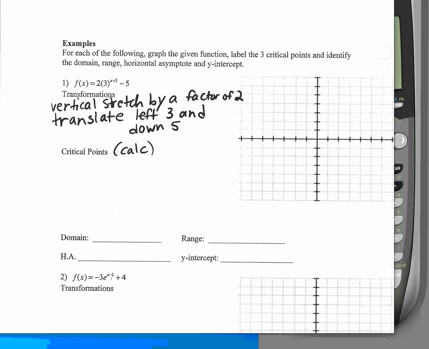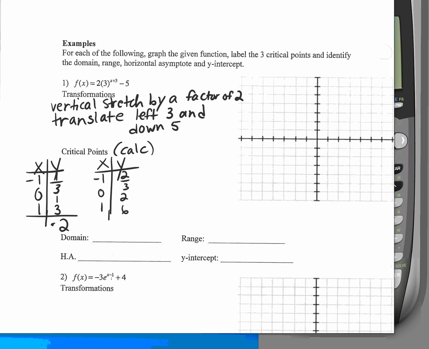I'm going to quickly go through what I would do if I were going to do those transformations. I would start with my table that's in that format because of my base 3. Back when we did other types of graphing, we would multiply the y column by 2 or do a mapping. And then I would subtract 3 from this column, subtract 5 from that column to get my final table.